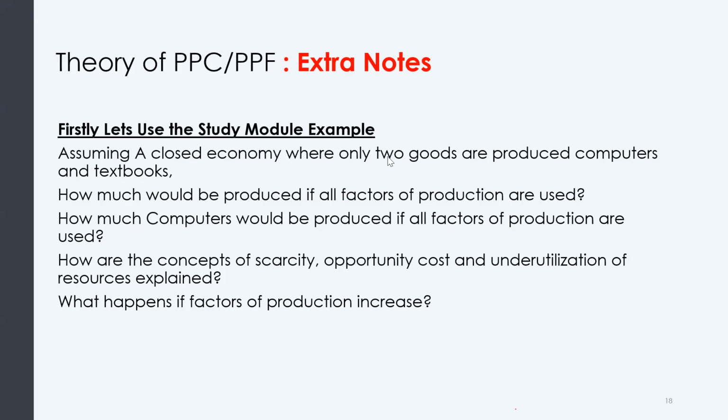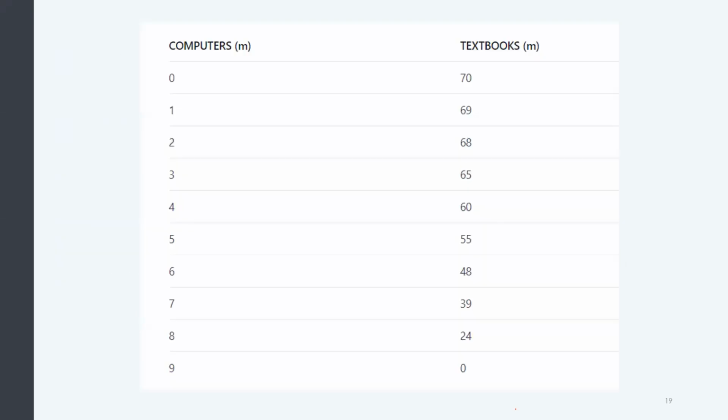All right, I'm just going to take 5 minutes to revise what we've done. We introduced the topic and said we want to talk about the PPC. And we said that the PPC is a summary of what we were learning in our first lecture. It shows us scarcity, choices, opportunity cost, and resources.